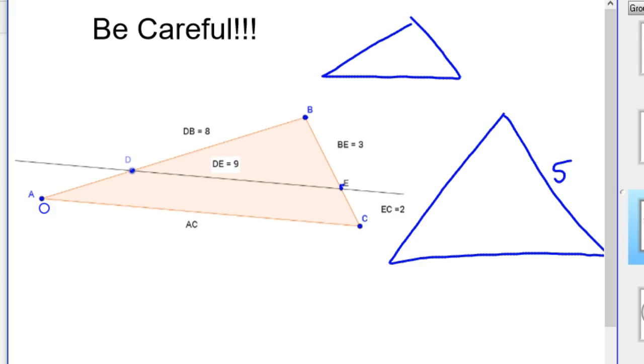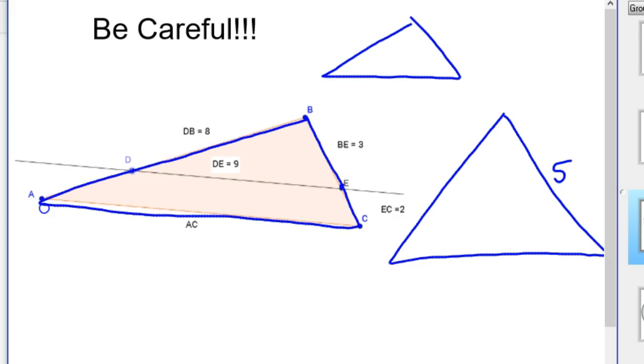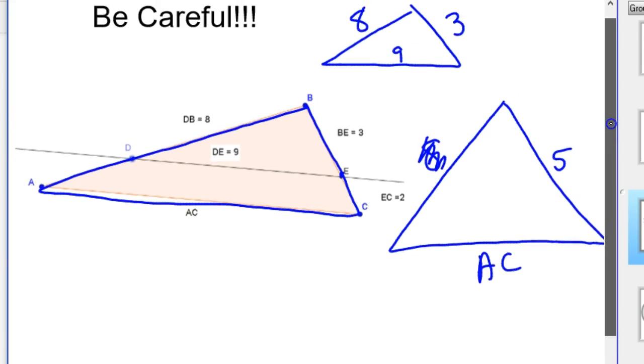If you know that bottom triangle, even though I did a really poor job of drawing it, this is 8, this is AC, this side is 3, this side is 9. Oh, never mind, that is not 8. Excuse me. Just messed that up because 8 is just DB, not BA. So sorry about that.